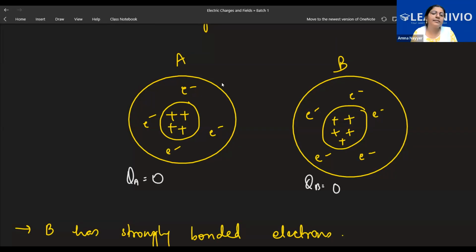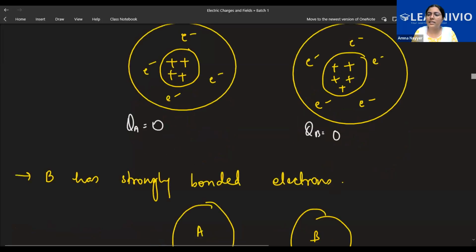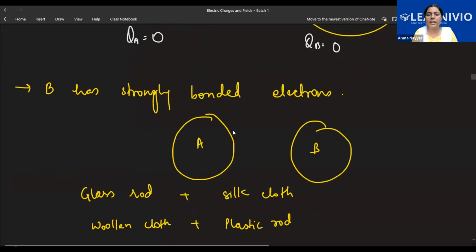So if the electron is moving from object A to B, in order to maintain the amount of charges, since B had strongly bonded electrons, the electron transferred from object A to object B. So which will become positively charged and which negatively charged? A will become positively charged and B will become negatively charged.